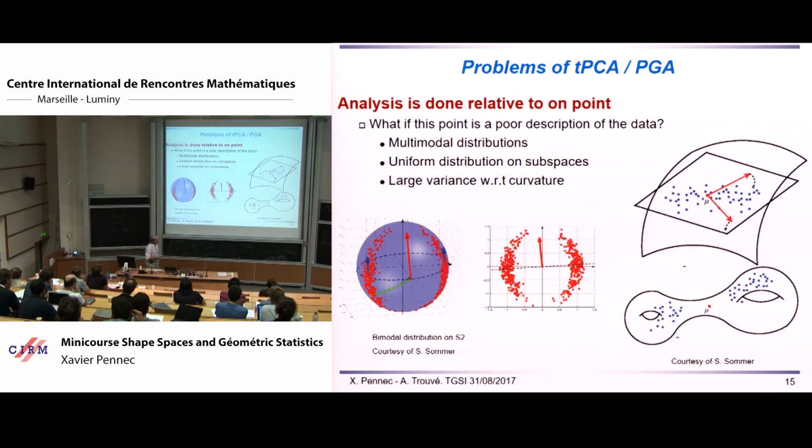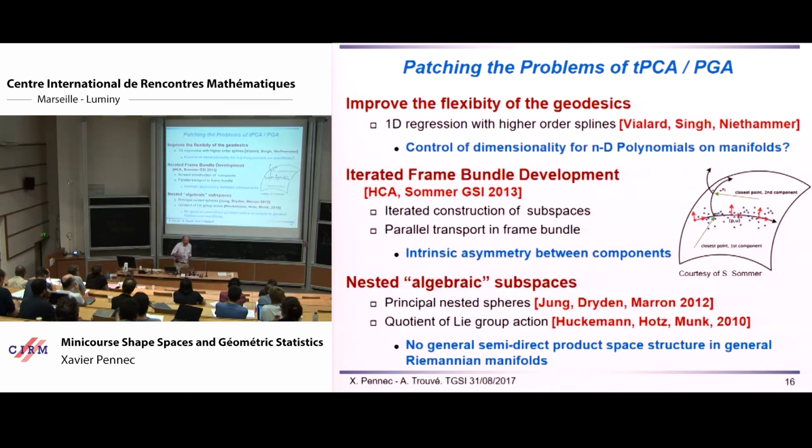Or if you have this type of bimodal distribution, the mean point that optimally describes all the data is somehow in the middle. So that's one of the problems of this type of definition. So there have been other types of extensions. I will not cite them all because of the time, which is running out quite a lot.